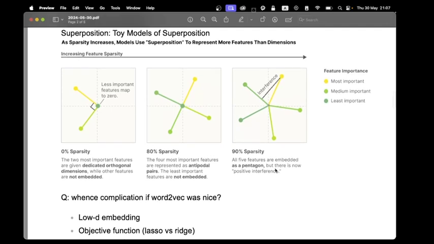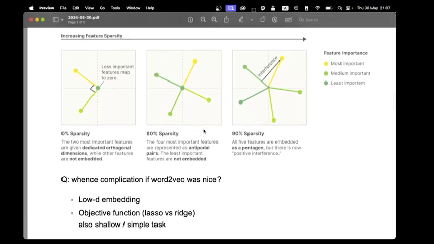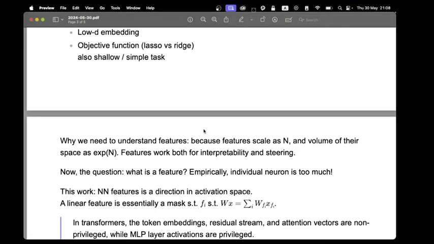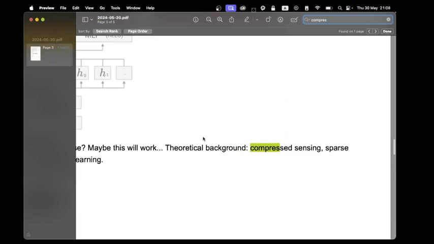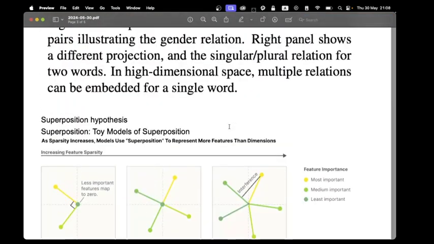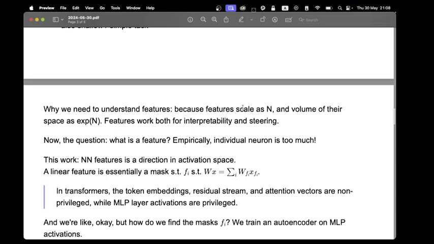Basically it's a particular feature of our space, which relates to compression. Okay. We might get back to this in a few paragraphs.